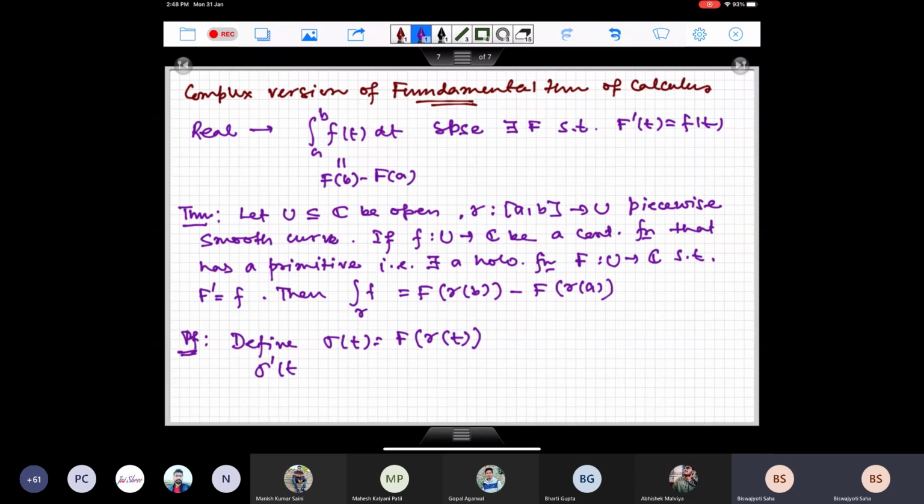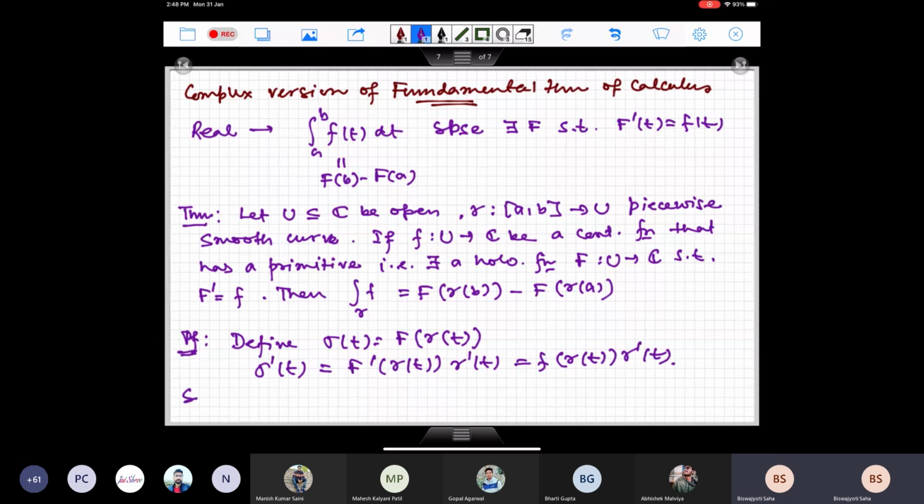Then sigma prime of t is, by chain rule, F prime of gamma t times gamma prime of t. And F prime of gamma t is nothing but little f of gamma t, so we get little f of gamma t times gamma prime of t.